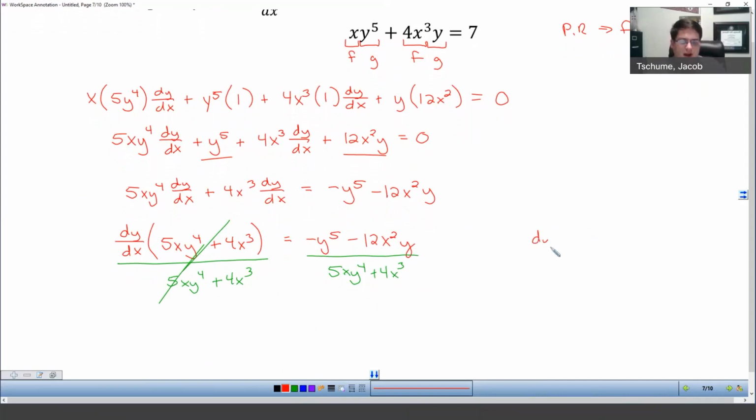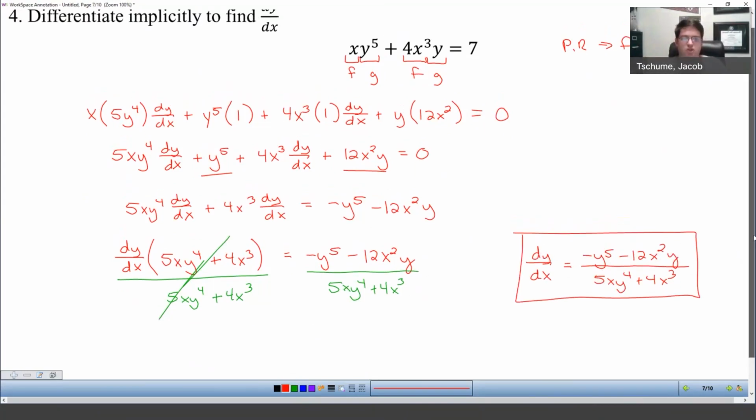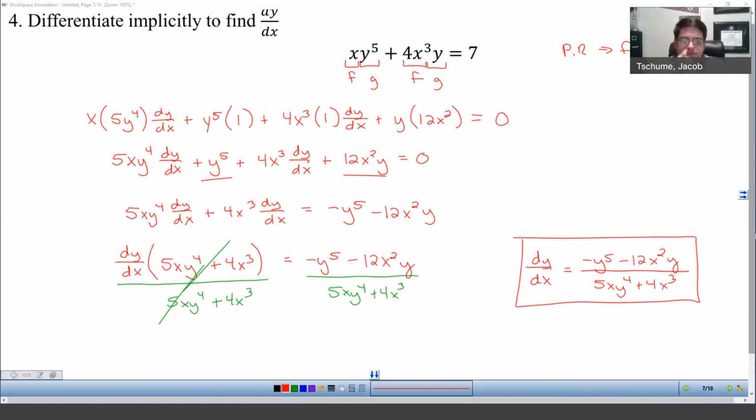So therefore, I can say that my final derivative is going to be negative y to the 5th minus 12x squared y over 5xy to the 4th plus 4x cubed. This is the derivative of the original expression. Once again, you got multiple dy/dx terms, so that's not different. Only difference on this one is you had to do the product rule twice for each pair of multiplied functions.